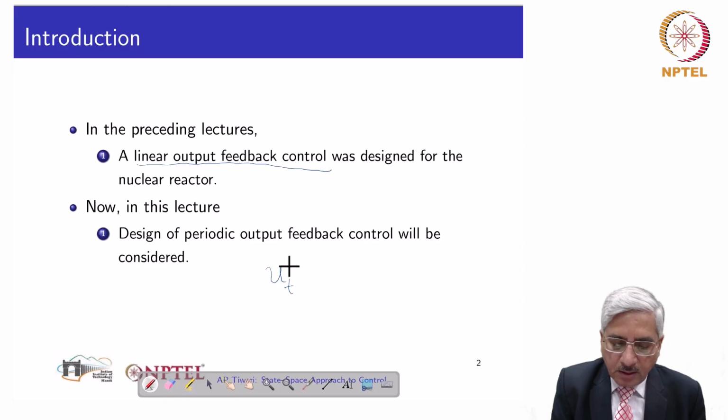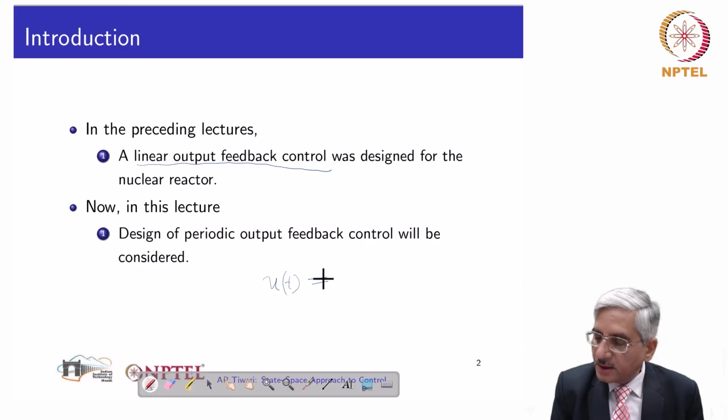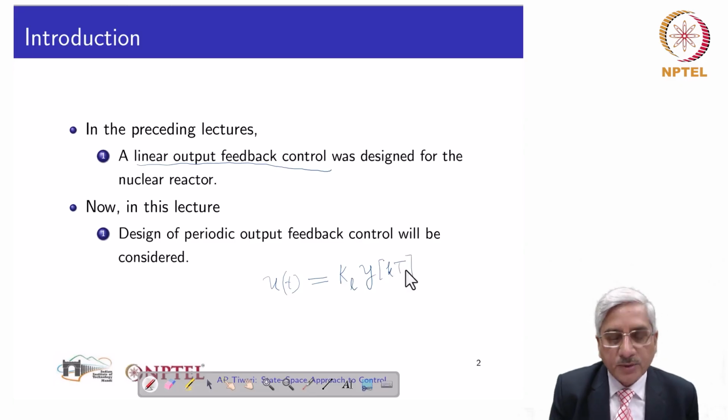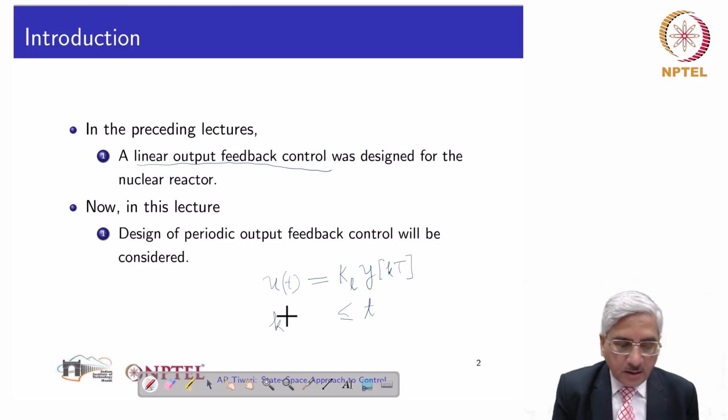You may recall the control signal U over a time t is given as K_L times y(kT), where y(kT) is the sample of output at kth time instant, and this t is in the range kT plus L delta to kT plus (L plus 1) delta.